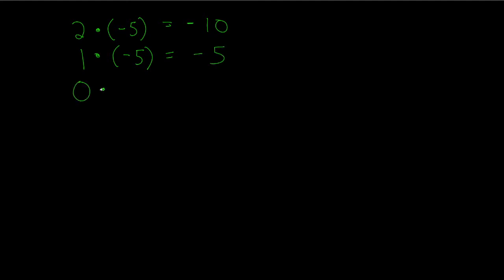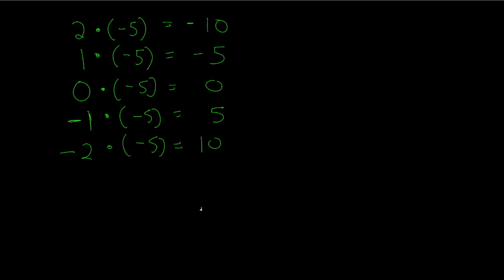And anything times 0 is 0. So if I do negative 1 times negative 5, well, I've added 5, so I'll add 5. And negative 2 times negative 5 equals 10.